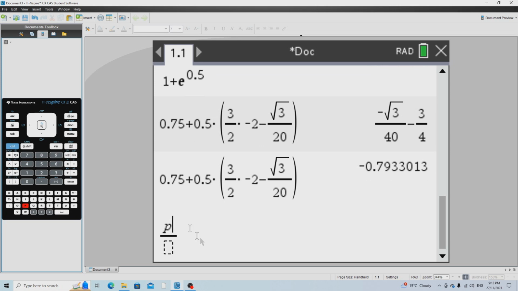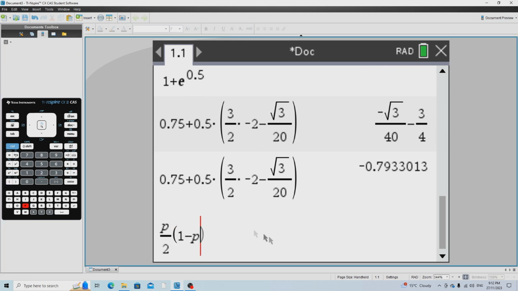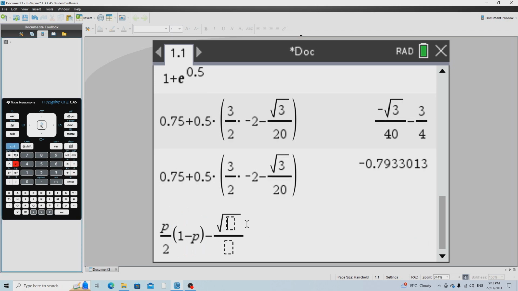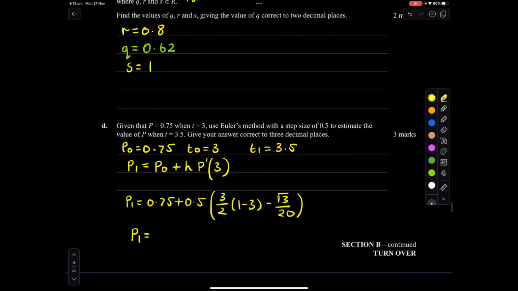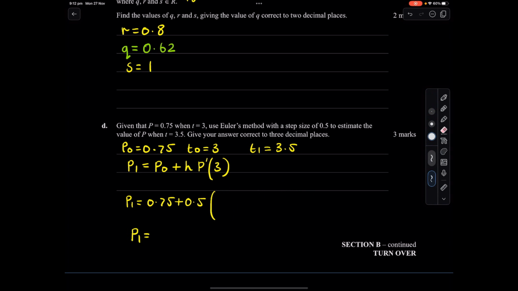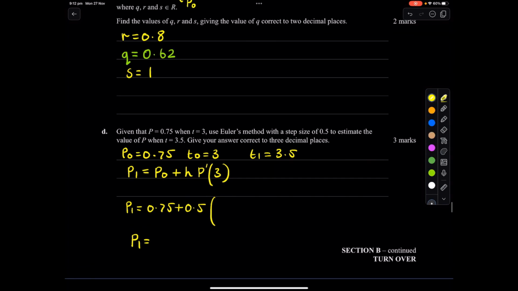Let's just write the equation. P over 2, 1 minus P, minus P over 20. So we got this equation, and what's our P value? Oh no, it's when P equals 0.75. That's our equation. What am I doing? Wow. So forget about that.